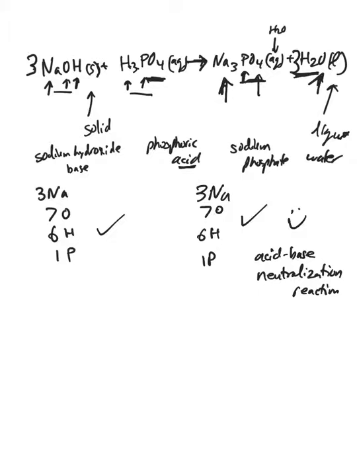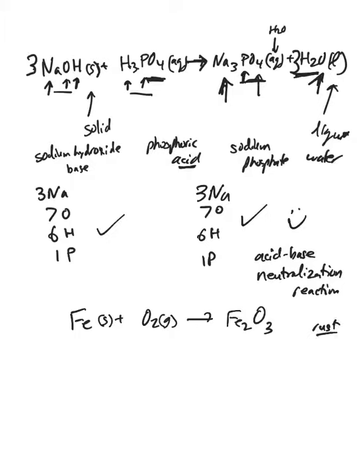Let's do this reaction. Let's take iron, that's a solid, plus oxygen, that's a gas, to make Fe2O3. What we're doing is we're making rust.